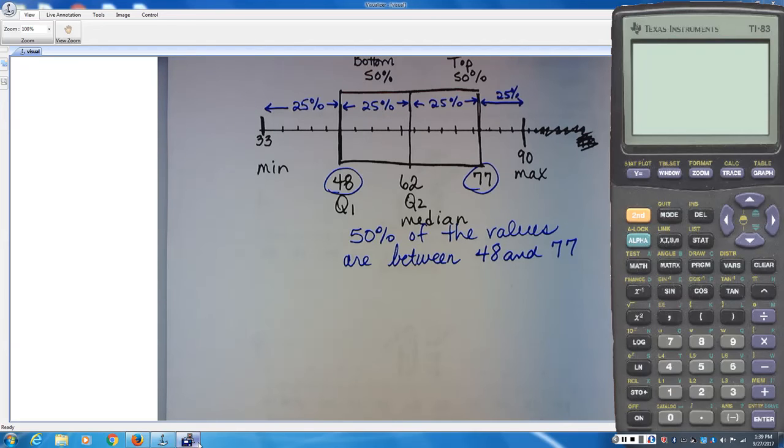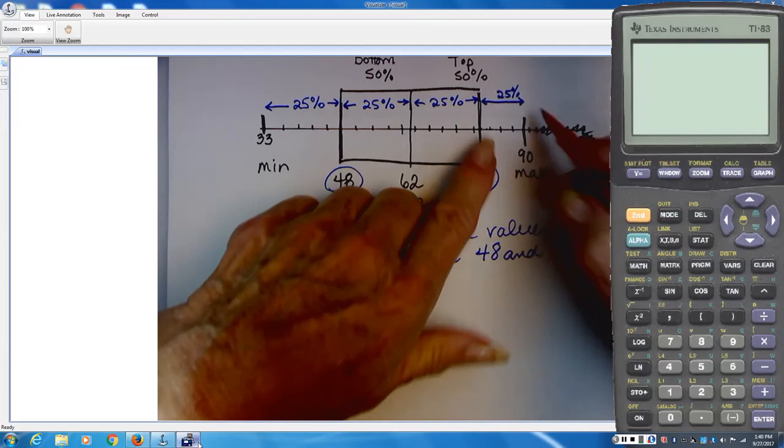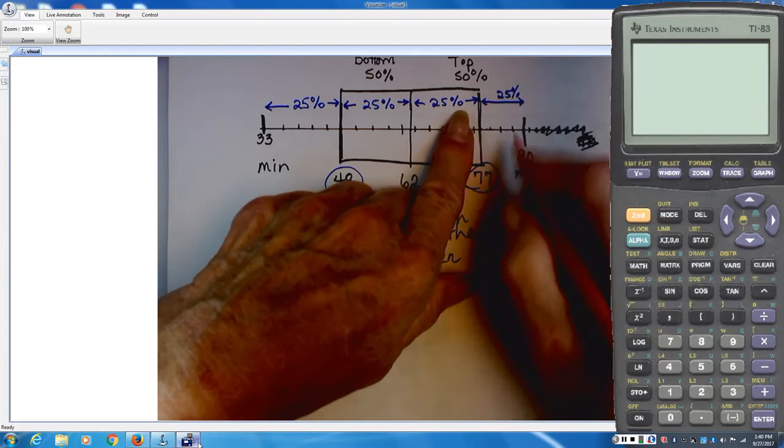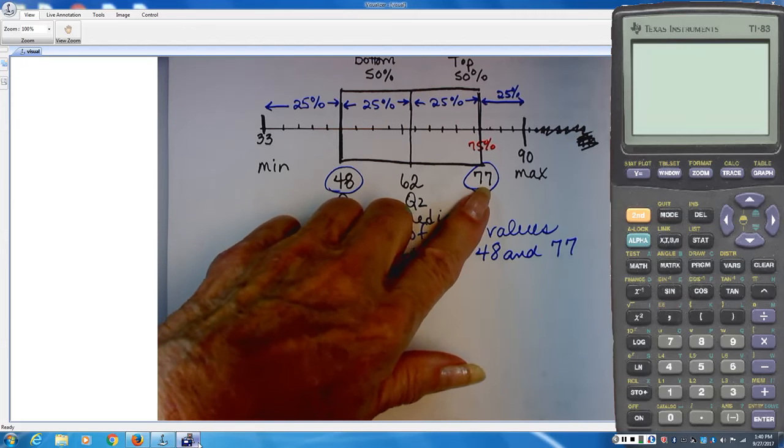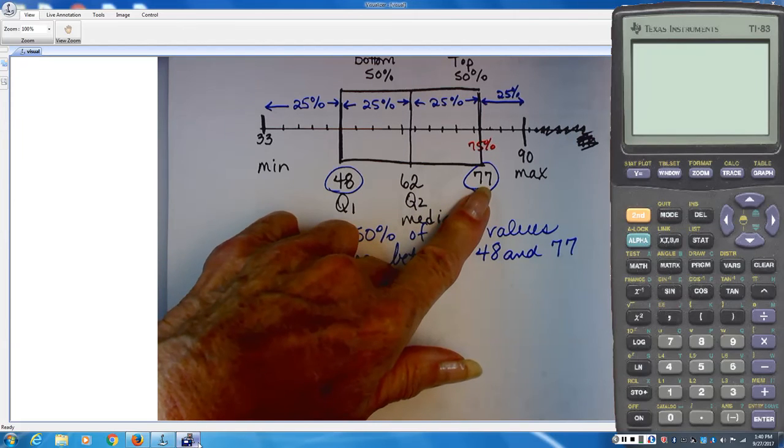So what does it mean when they say you're at the 90th percentile, what does that mean? It means, and that's a very good question, I'm glad you asked, that since this is your upper 25%, basically here you're at 75%, so my 75th percentile is 77.